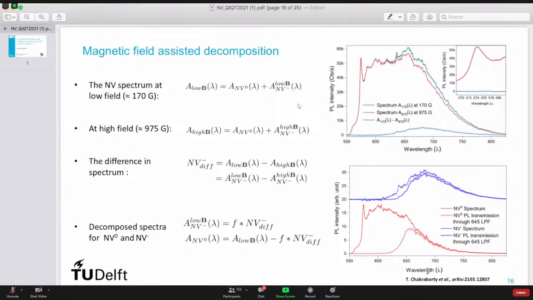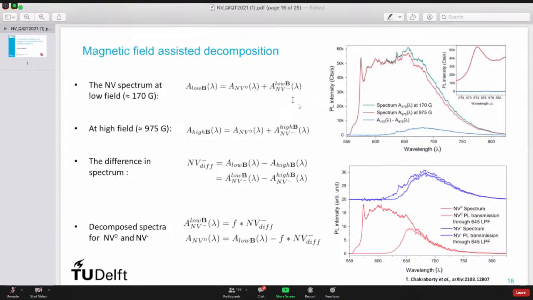So now since NV difference minus doesn't have any signal from NV0, we can basically find a scaling factor which satisfies these two equations. So by choosing a correct scaling factor, we can reach this A low NV minus spectrum.